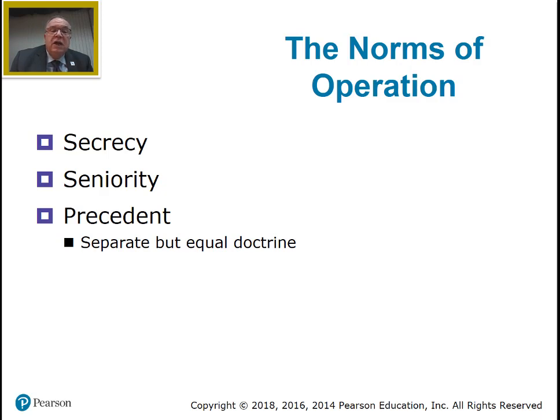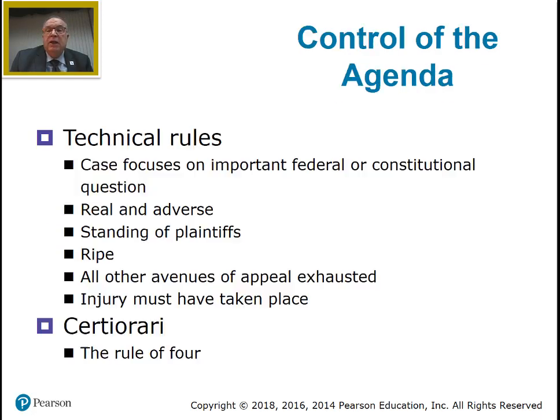And again, they use precedent, but they can overturn precedent. In Brown v. Board, they overturned the separate but equal doctrine. There are technical rules that we don't need to go into, and you don't necessarily need to know them. But the cases have to be real. They're not hypothetical. They have to be ripe in the sense that they are important, and all other avenues have been exhausted.